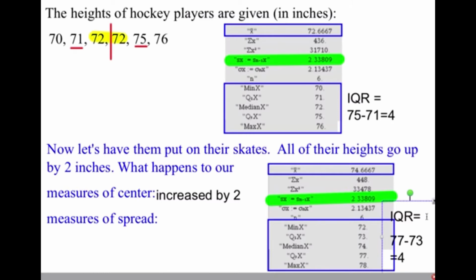The IQR did not change. Same thing with the range. Spread from min to max is 6. Here, spread from min to max is still 6. So nothing changed for the measures of spread. They stayed the same.